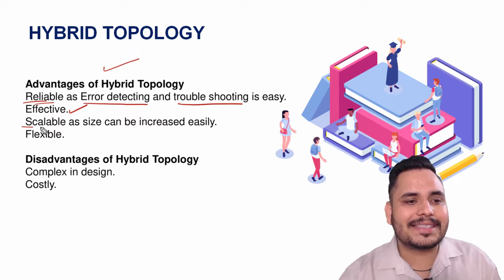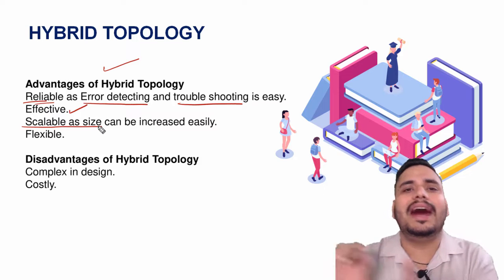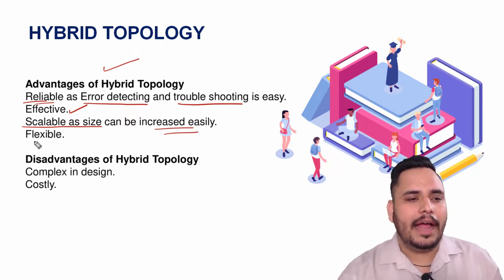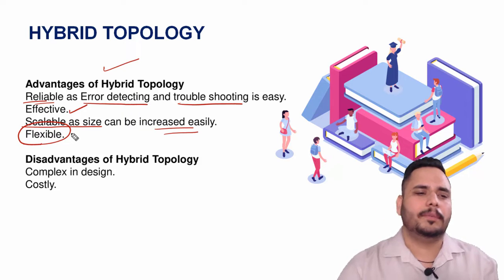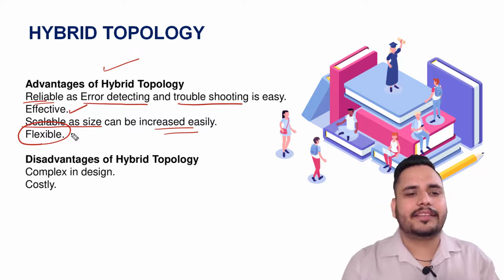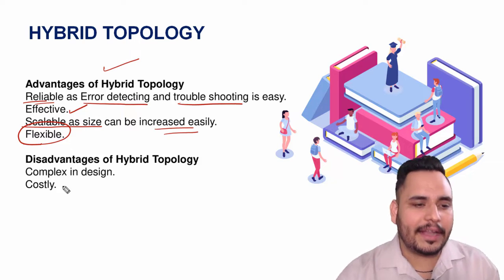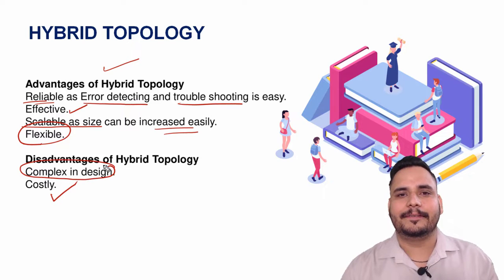It can be scalable. Scalable means it can be extended to a large extent, so we can increase this design easily. And it is very flexible as it is a combination of other topologies. But the disadvantage is that it is very costly and complex in design.